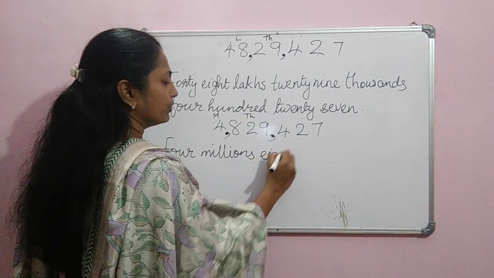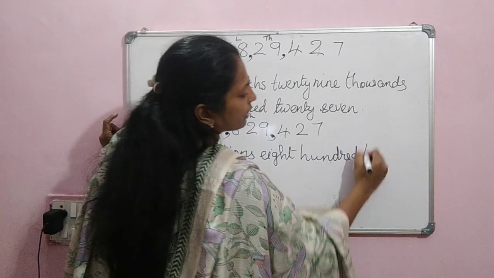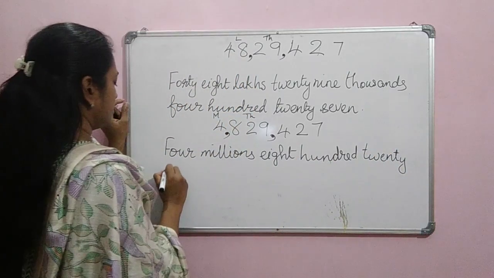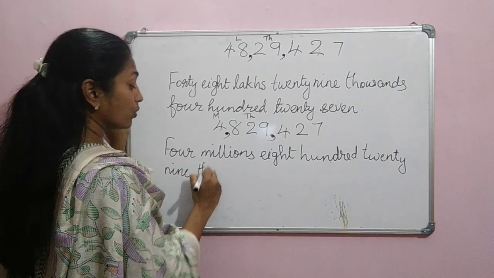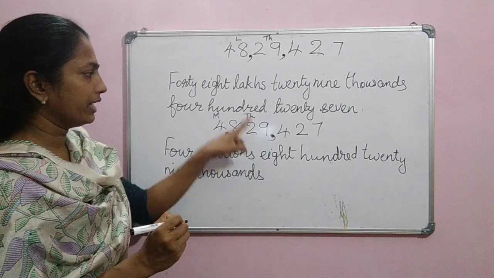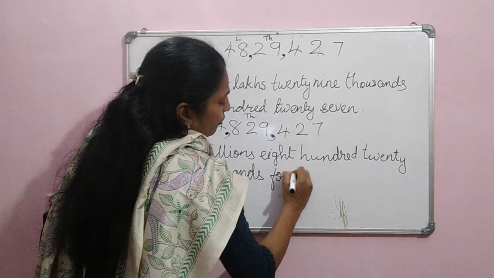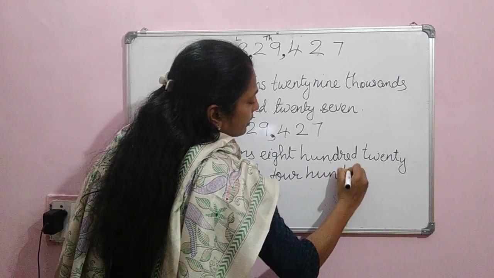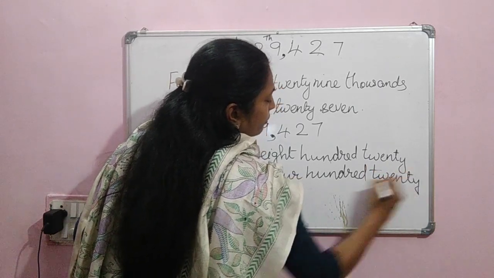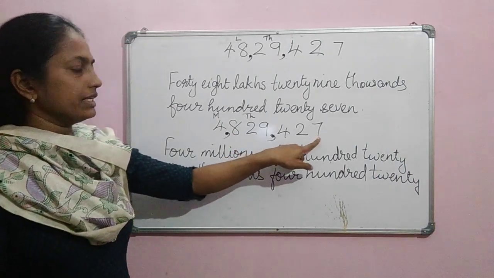So 829 thousands. Then 427 in ones group.